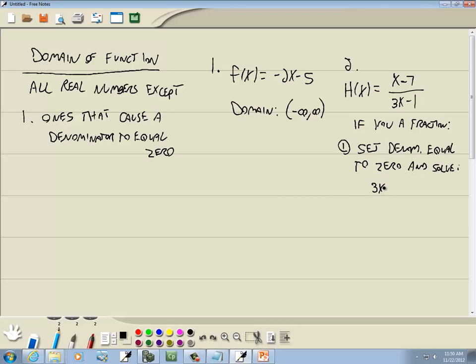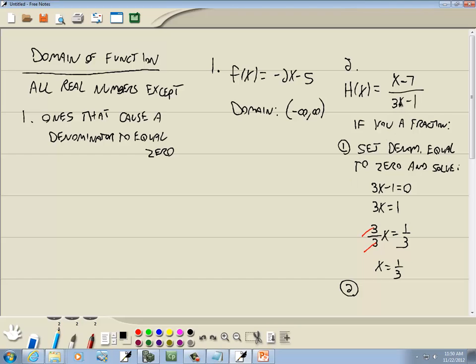So we'll take the 3x minus 1, set it equal to 0. This is a linear equation, so I'll take negative 1 over, becomes a positive 1. Divide both sides by 3. Those 3's would cancel. And then we got x is equal to 1/3. Now this is the value that causes us problems.